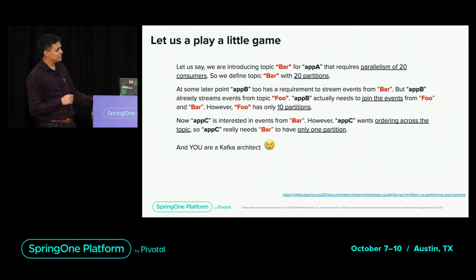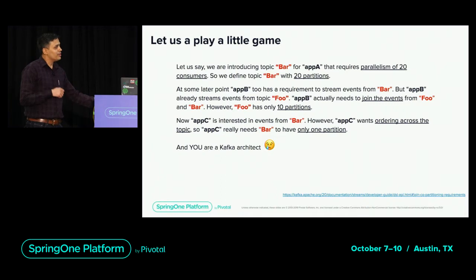A third application comes. Application C is also interested in events from bar. However, application C wants ordering across the topic, right? Because in Kafka, the ordering guarantee is only within a partition, not across the topic. Application C wants an ordering guarantee across the topic.